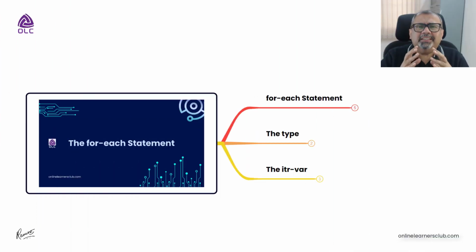The for each statement is basically an enhanced version of the for loop statement, as simple as that. The mechanism of having an iteration variable and a counter, and incrementing that counter, might not really be required in every place.